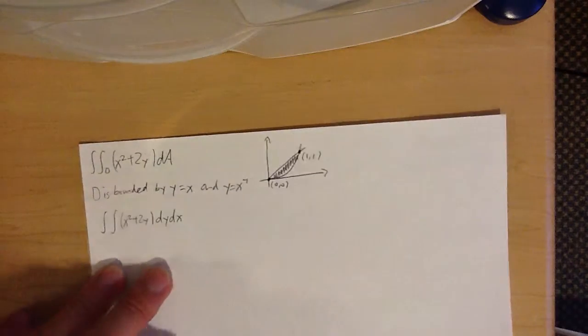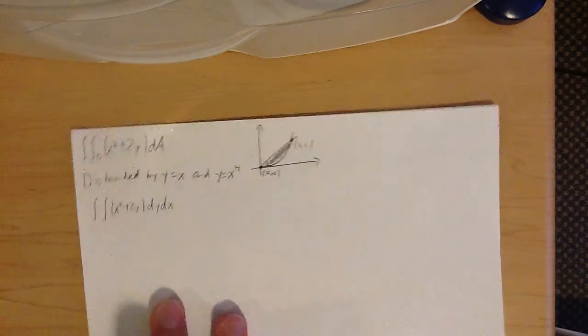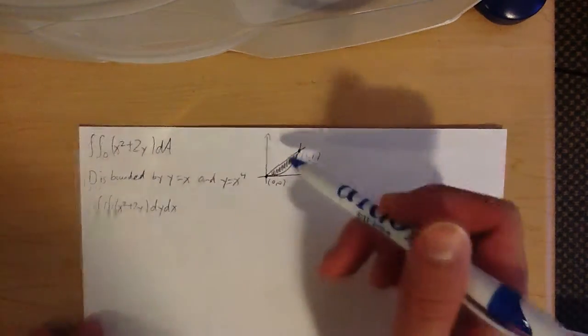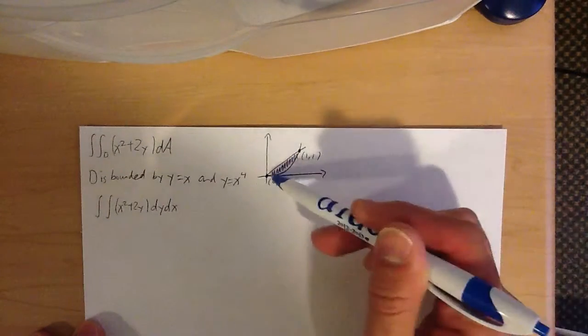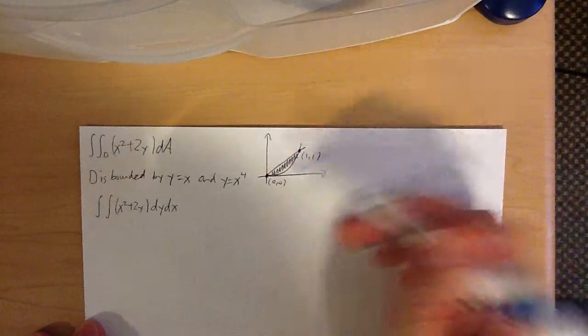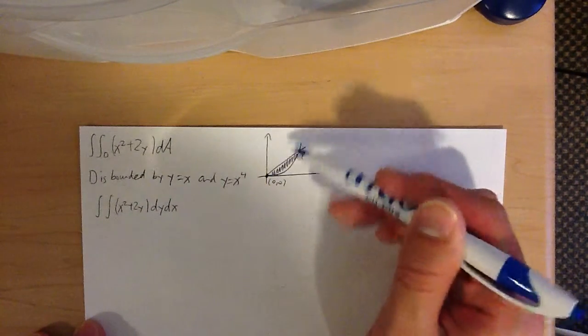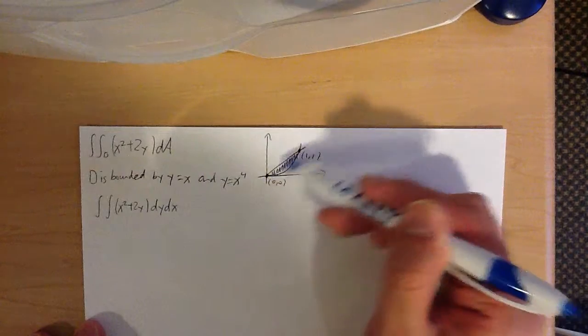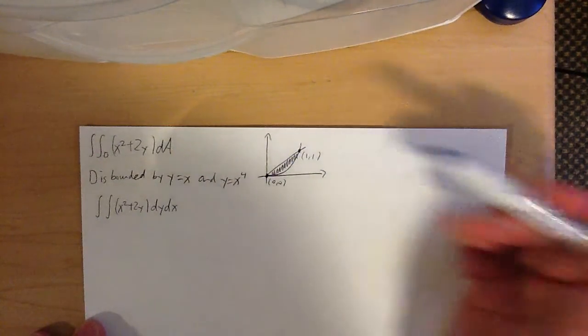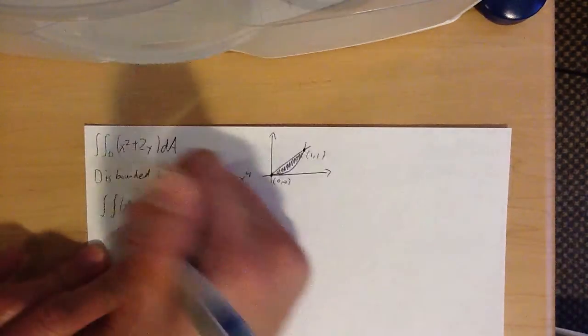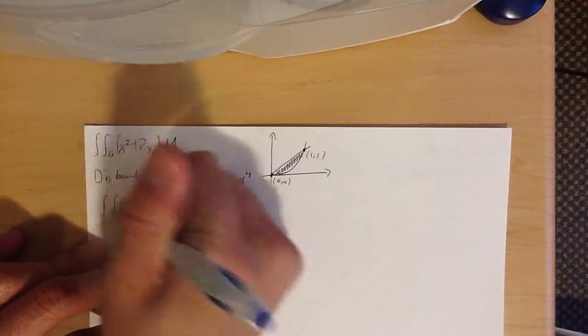So how do we get our bounds for y and x? Well, let's see what our y is. The lowest y is this curve right here, and our highest possible y would be everything bounded by the straight line right here. So we will integrate from x to the fourth to x.